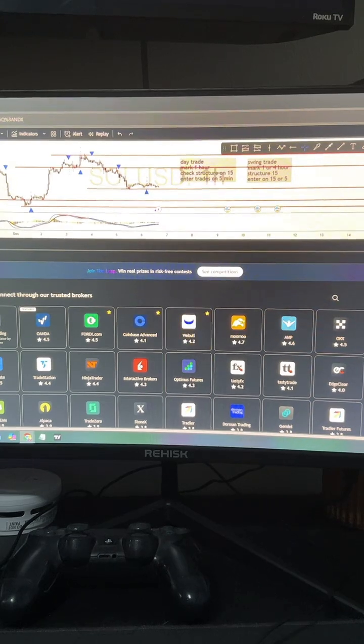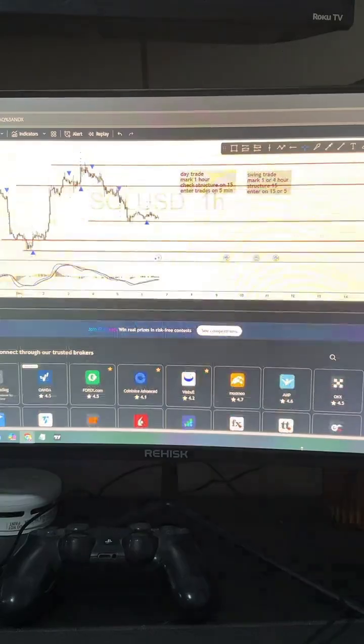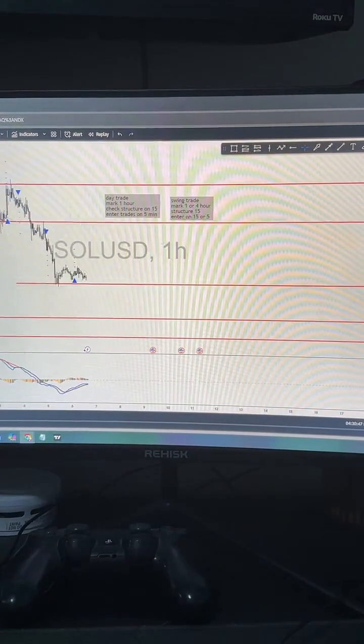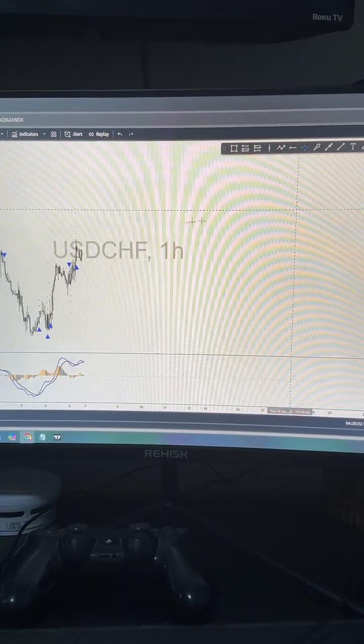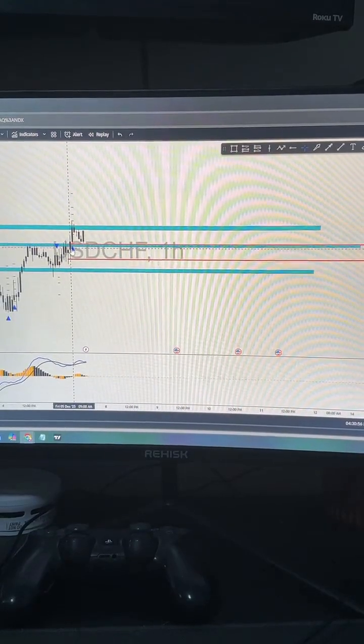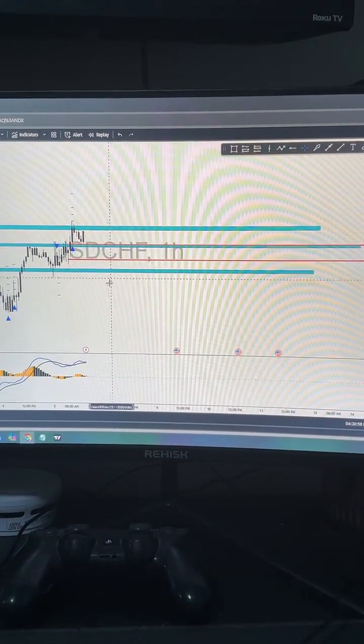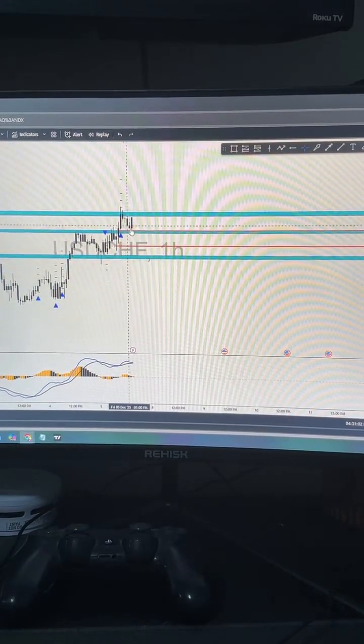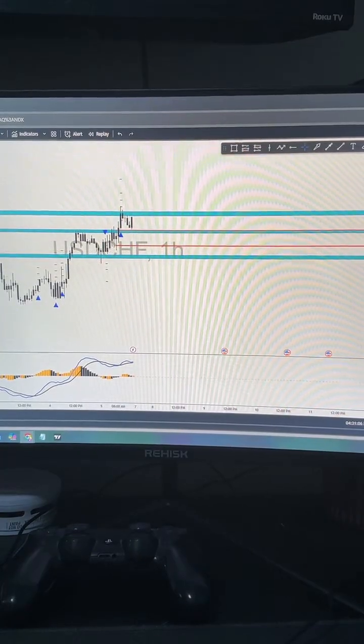I'm actually sitting in a trade over the week. I'm not logged into my broker now, but I'm gonna show you the trade that I'm in. I am in USD CHF. This is actually the trade that I'm in. I bought in off of this indicator right here. Price came down. It gave me a good indication.